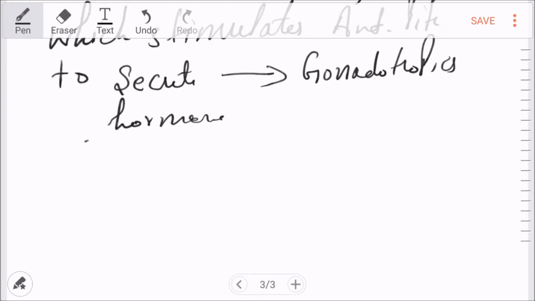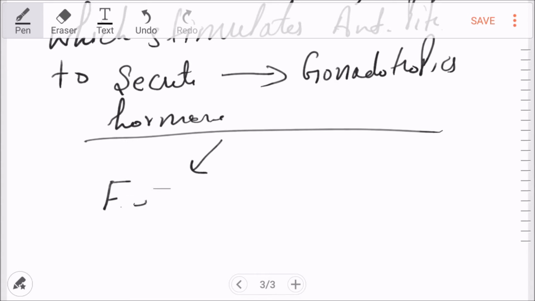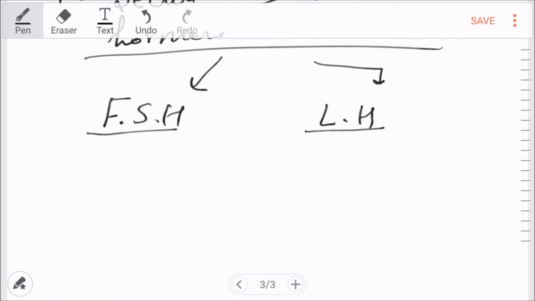We have two gonadotropic hormones. One is FSH and other is LH. Remember this, these hormones are secreted by the anterior pituitary gland. So the function of these we will discuss now.